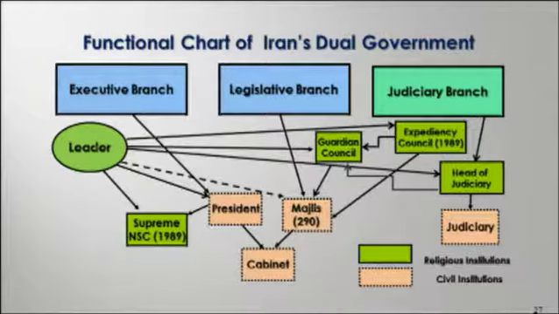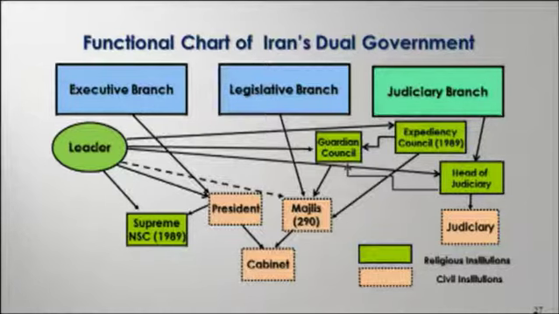The President presides over the Supreme National Security Council, and the Council is charged with formulating Iran's defense and national security policies. The membership of the Council includes the top officials that are involved in foreign policy and defense ministries, as well as all the concerned ministers and heads of agencies dealing with defense, security, foreign policy, and intelligence matters.